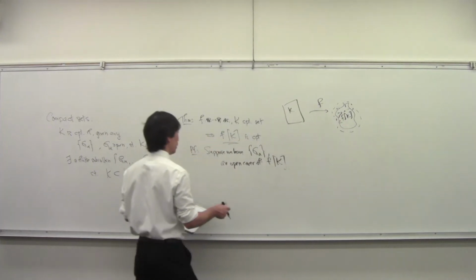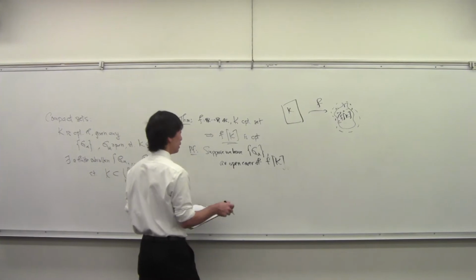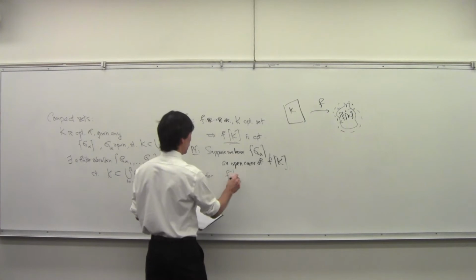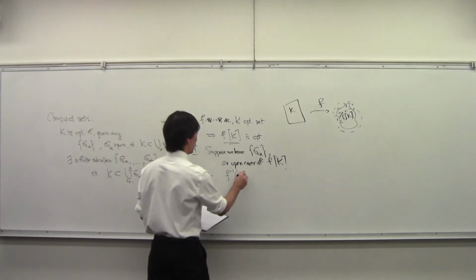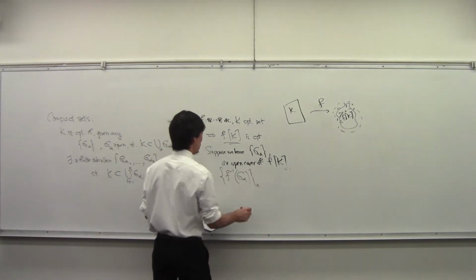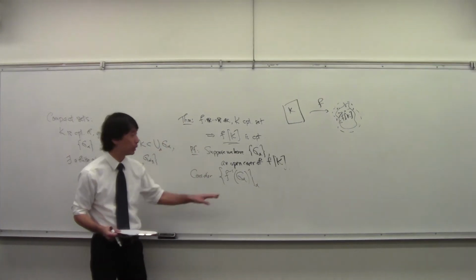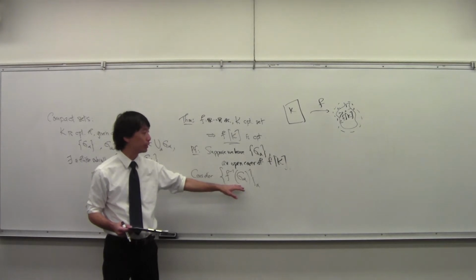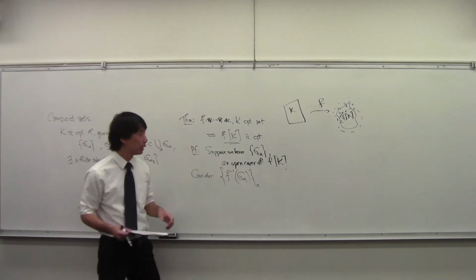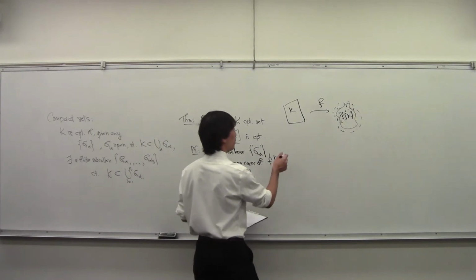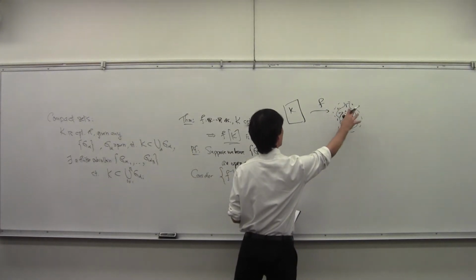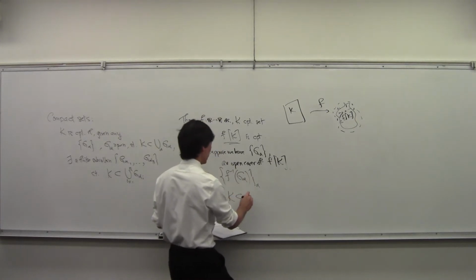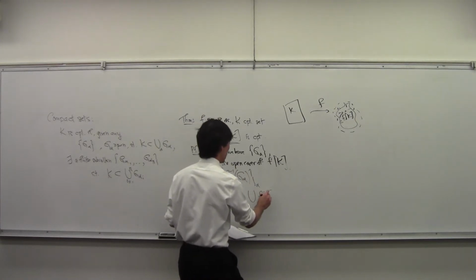Consider the F inverse G alphas, right? The pre-images of the G alphas. Since the G alphas cover F of K, K is contained in the union of these pre-images.